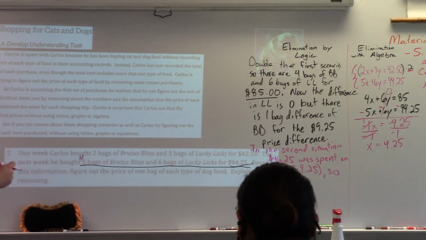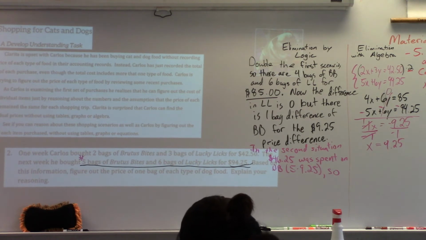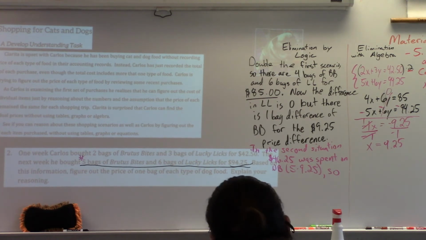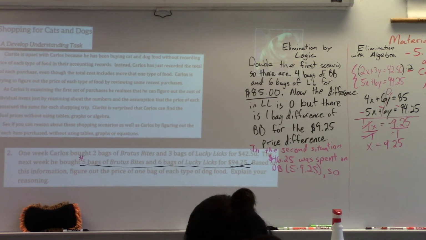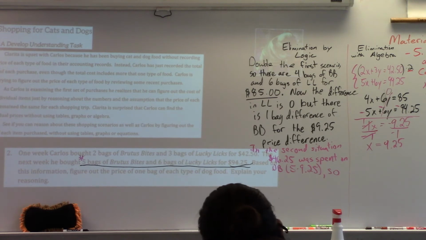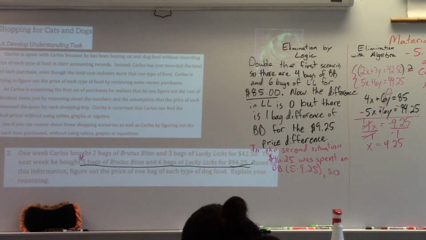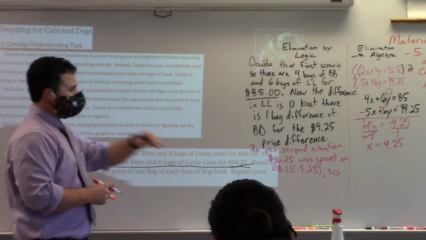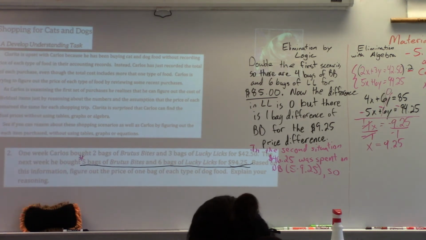Where are you looking? The 46.25? Okay. So notice that's that 5 times 9.25. That was what was spent on Brutus bites. So if $46.25 was spent on Brutus bites, how much was spent on Lucky Licks?